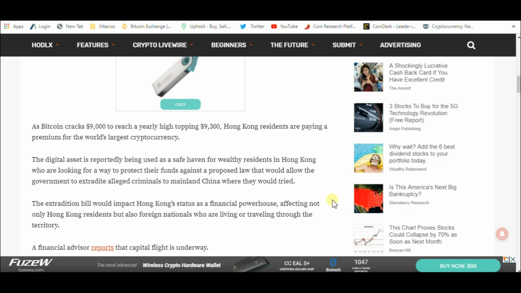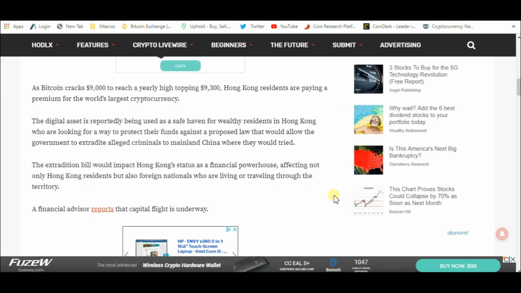The digital asset is reportedly being used as a safe haven for wealthy residents in Hong Kong who are looking for a way to protect their funds against a proposed law that would allow the government to extradite alleged criminals to mainland China where they would be tried. The extradition bill would impact Hong Kong's status as a financial powerhouse, affecting not only Hong Kong residents but also foreign nationals who are living or traveling through the territory.